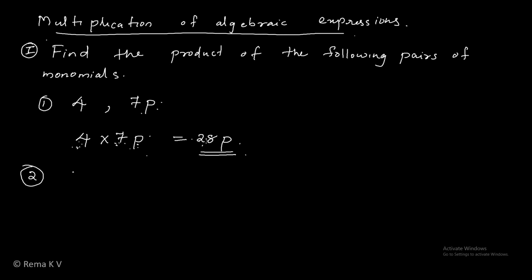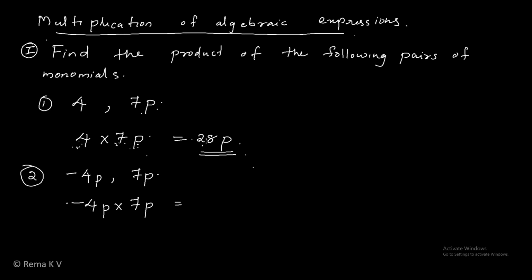Let us consider another one. Minus 4p and 7p. Can you give the answer? First we have to multiply the numerical factors.